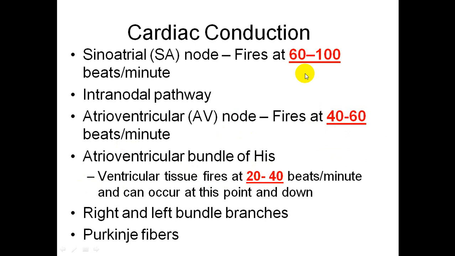We see that the impulse firing from up to down is fastest up top, 60 to 100, slower in the atrioventricular node, and slower still in the ventricle. That is why the SA node dominates over the other parts, the natural dominant pacemaker of the heart. Then the right and left bundle branches, then Purkinje fibers.